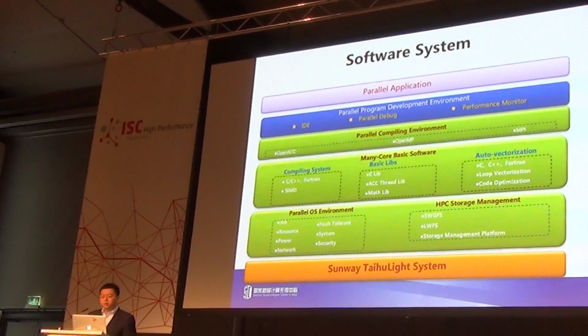And for most of the applications that we put onto the system, we use a hybrid mode that combines MPI and OpenACC. So for different CGs, normally we allocate 1 MPI process for each CG. But for these 65 cores within the CG, we use OpenACC to initialize parallel threads.